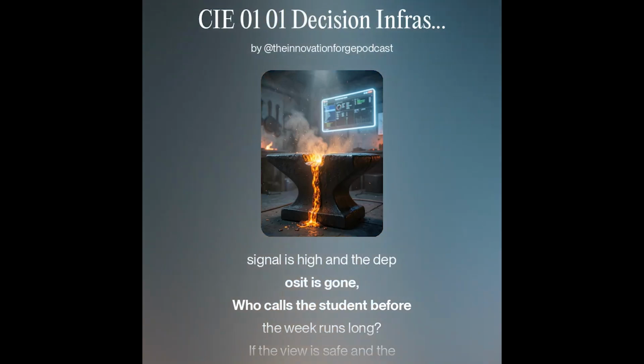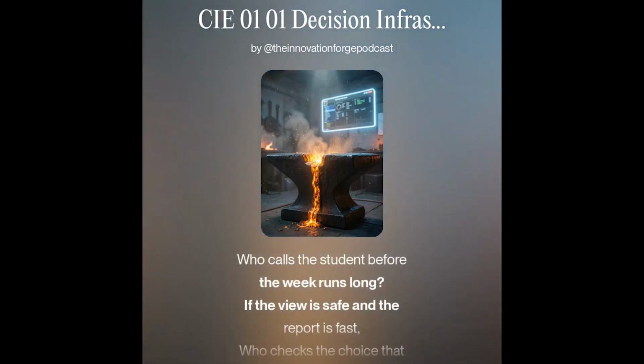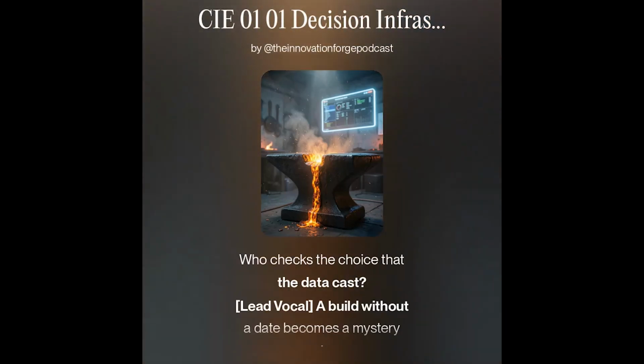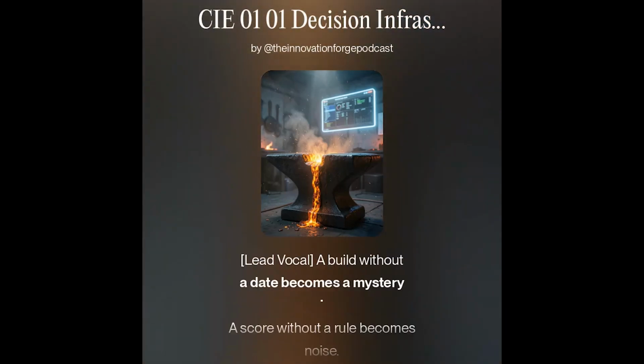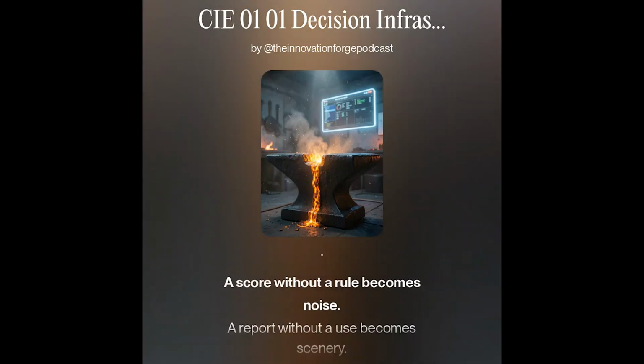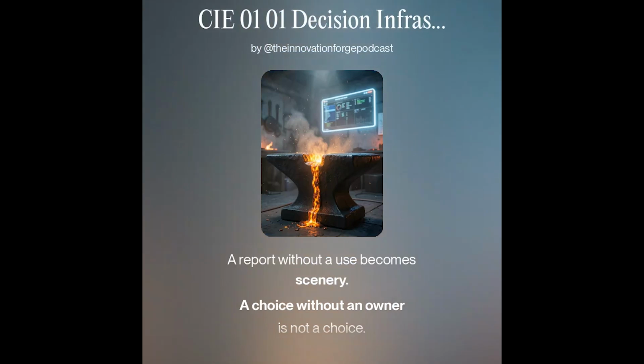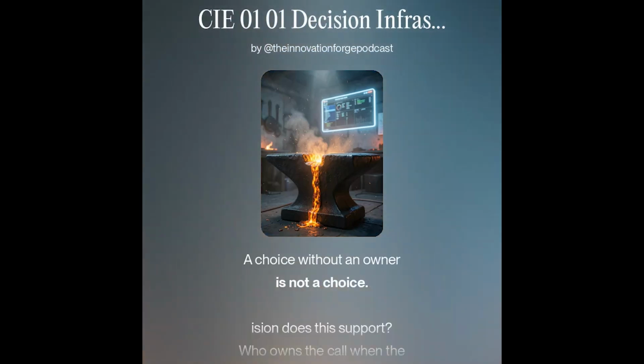If the signal is high and the deposit is gone, who calls the student before the week runs long? If the view is safe and the report is passed, who checks the choice that the data casts? A build without a date becomes a mystery. A score without a rule becomes noise. A report without a use becomes scenery. A choice without an owner is not a choice.